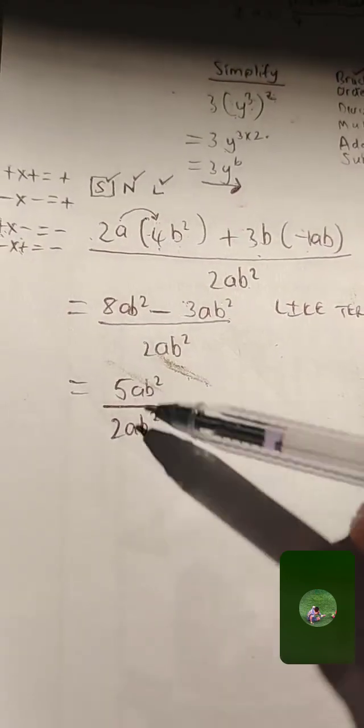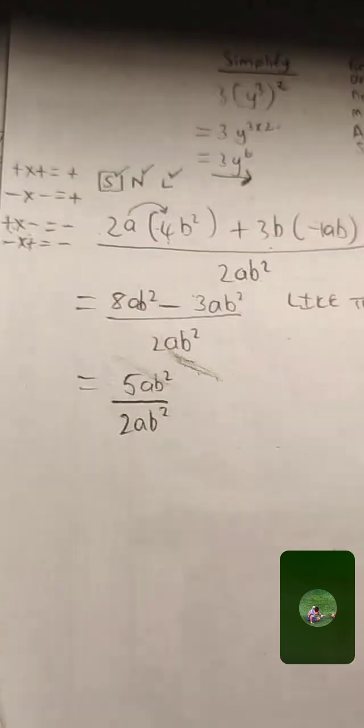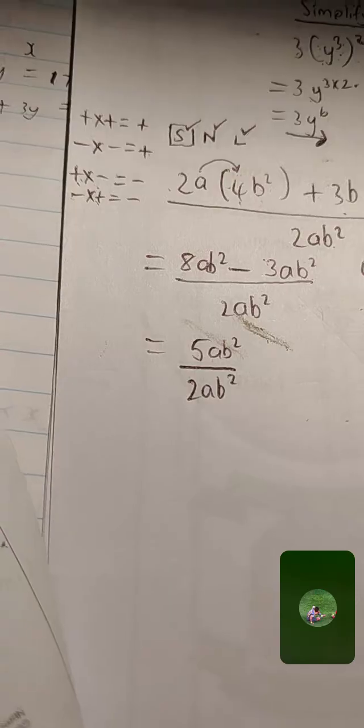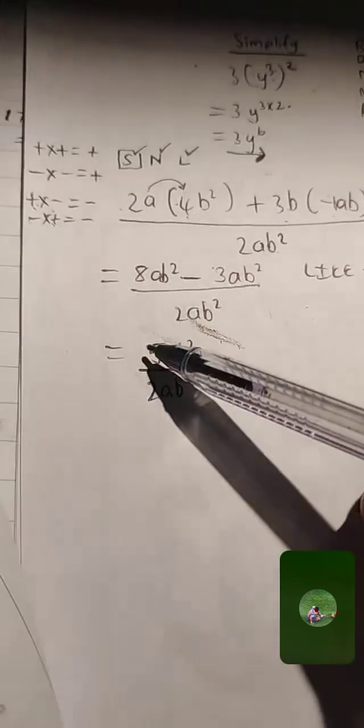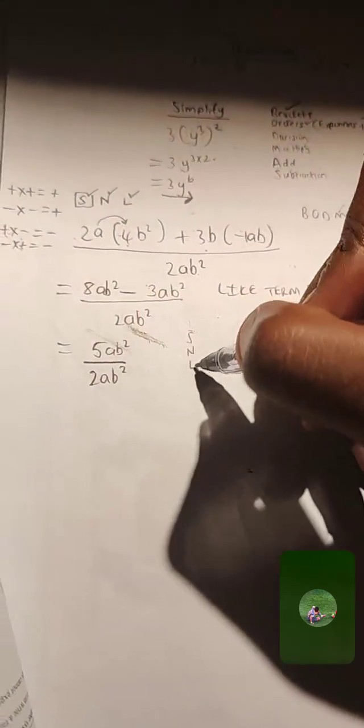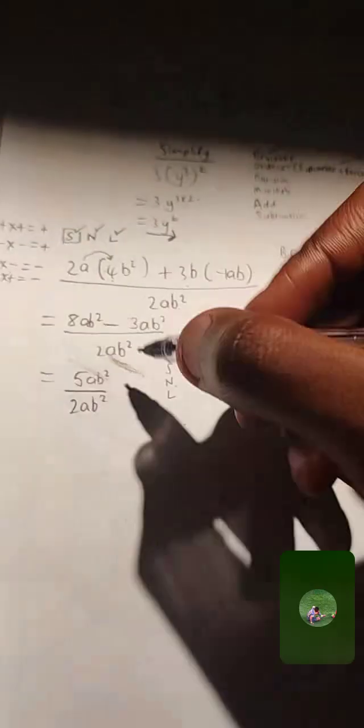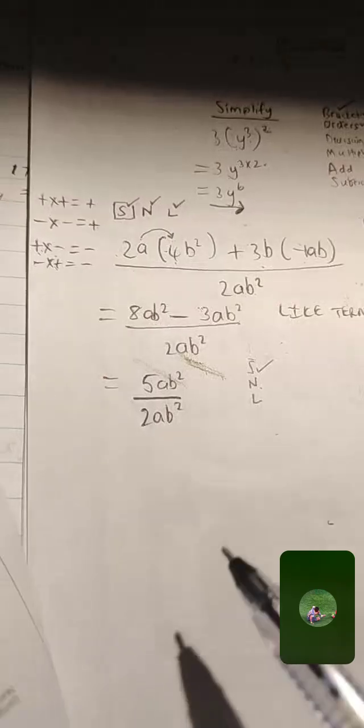Now we have one term at the top, one term at the bottom. We can now divide the two terms. When we divide, we apply the division of the signs.